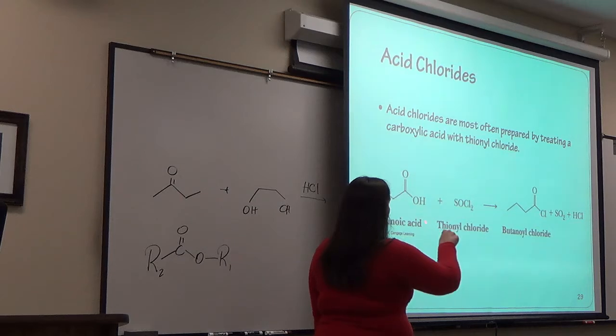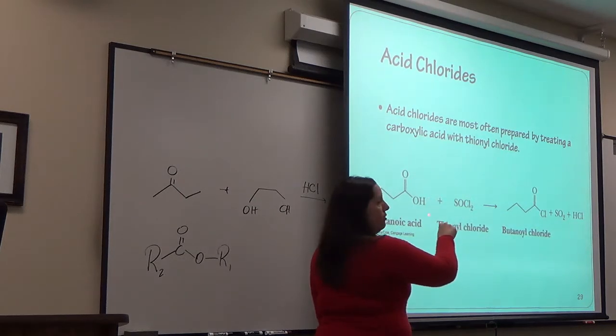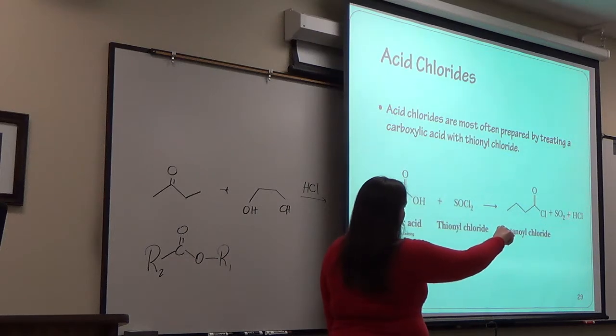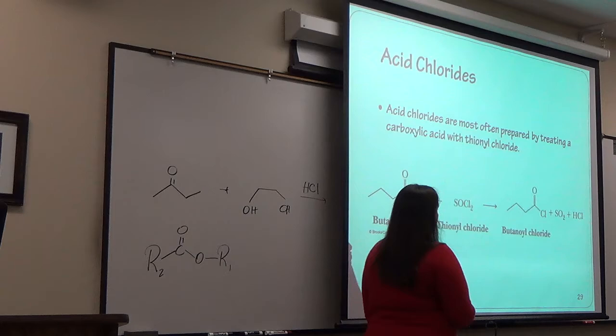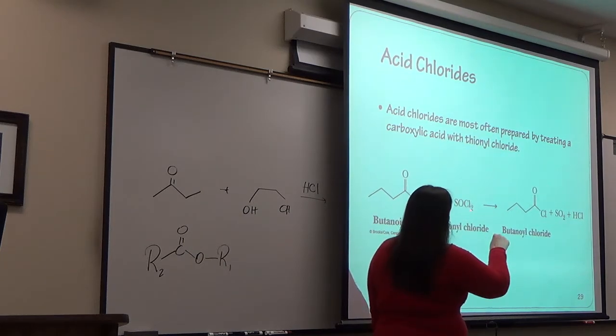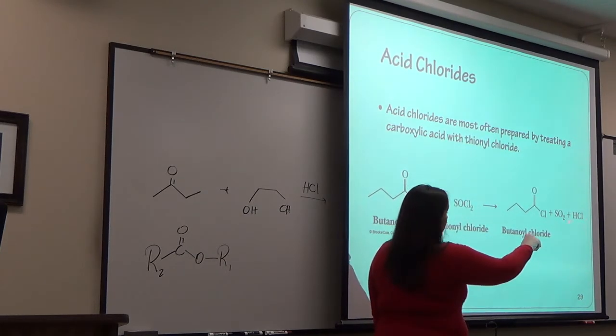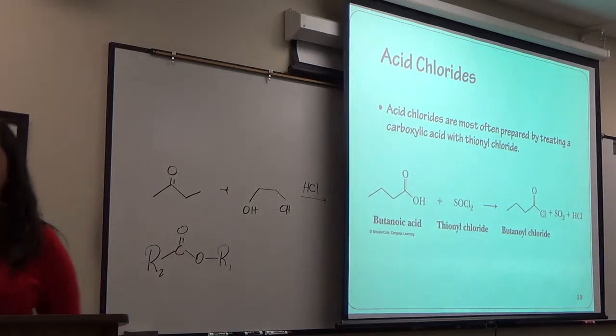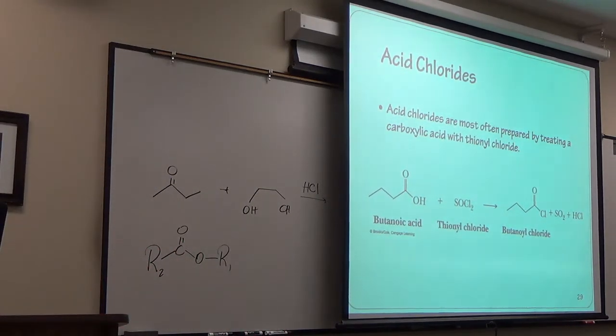And again, you're getting rid of the OH. And so you can see that you gain an oxygen as part of the SO2, and then the hydrogen comes with the Cl, HCl. So sulfur dioxide and hydrochloric acid are the side products.